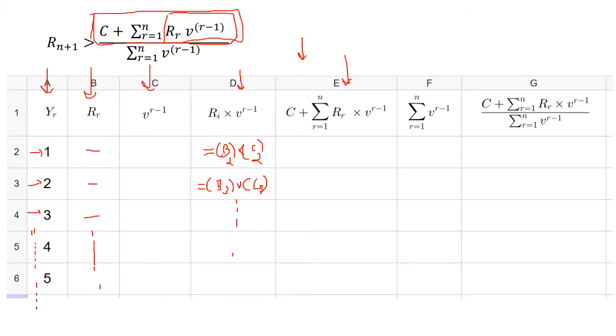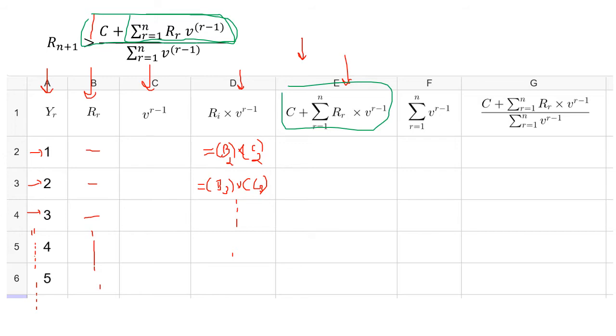Remember that this term, which refers to the numerator here on the right hand side, basically is the cumulative value of this term. You can see this is the summation of r equal to 1 to n. So we will have to go on adding for this.